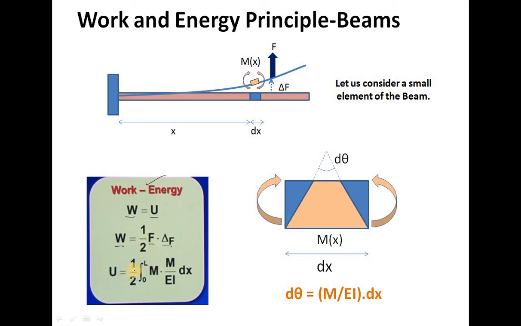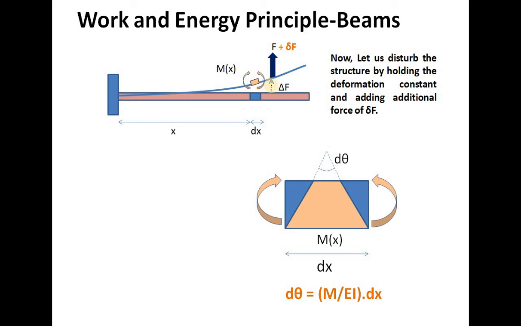U is the total strain energy in the entire beam, which will be half of the integration from 0 to L, that is over the entire length of the beam, of M times d theta. But d theta is equal to M by EI into dx, we know that, so we have directly substituted that here. This is the total work done, and that work done will be saved in the form of strain energy in the beam.